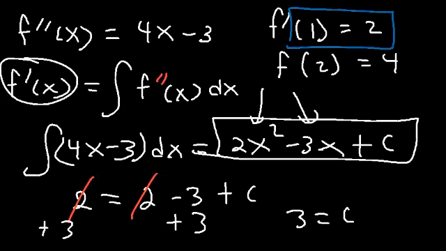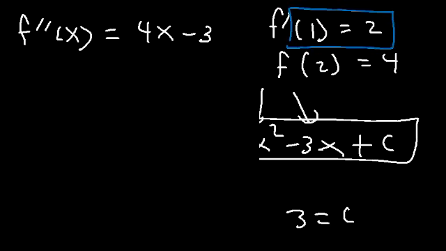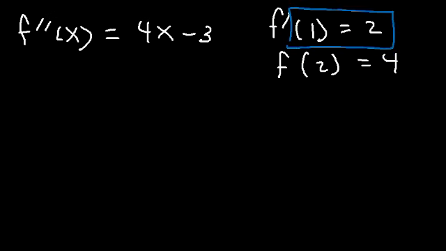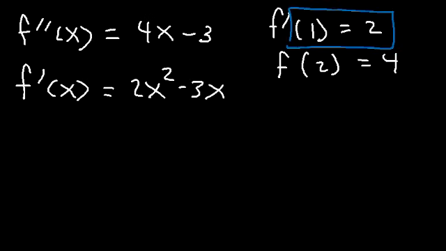So therefore, f prime of x is equal to 2x squared minus 3x plus 3. Now we need to find f of x, so we have to integrate this function.